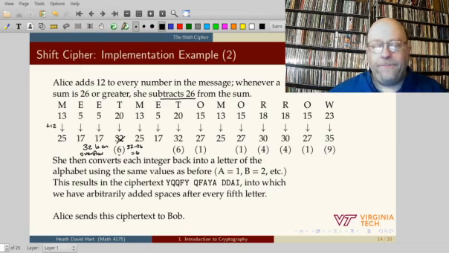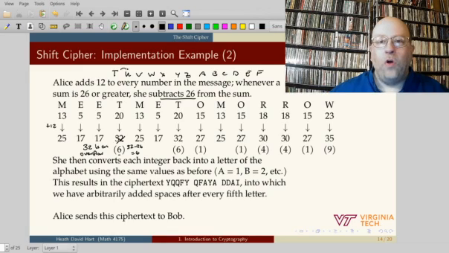Okay? In fact, we can actually work that out. T, U, V, W, X, Y, Z, A, B, C, D, E, F. If we shift by 12, 1, 2, 3, 4, 5, 6 takes us to the end of the alphabet. 7, 8, 9, 10, 11, 12 takes us to the letter F, which is the sixth letter of the alphabet.